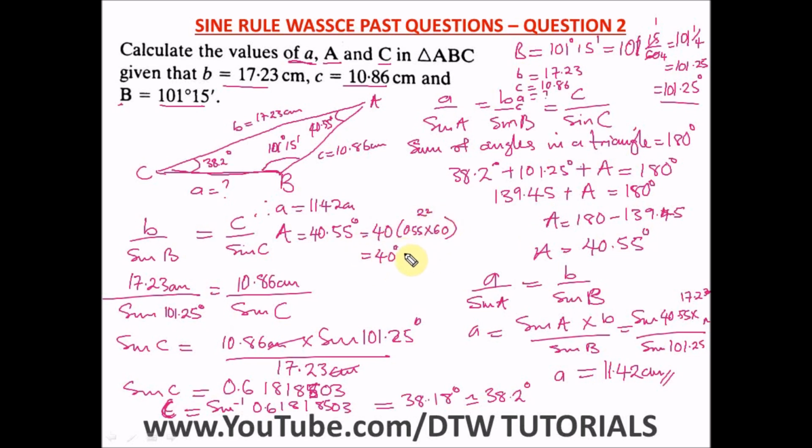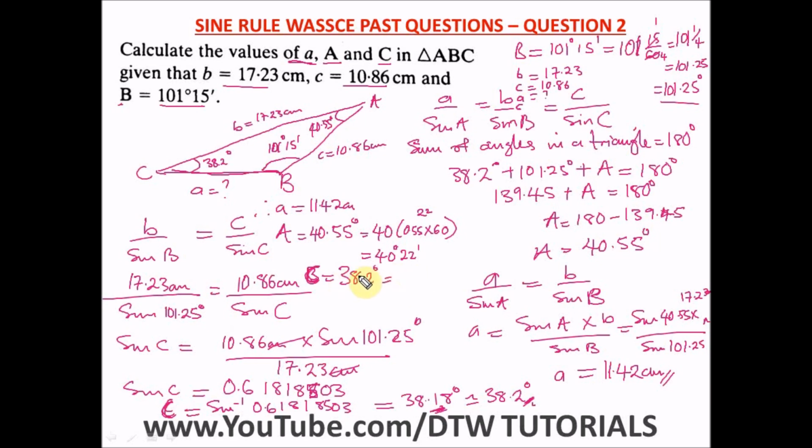So our angle A is finally equal to 40 degrees 22 minutes. Now for your C, what did we get? Our angle C. Where is it? Okay, this is our angle C. I prefer we use this one, or you can use any one. So angle C is 38.2 degrees.